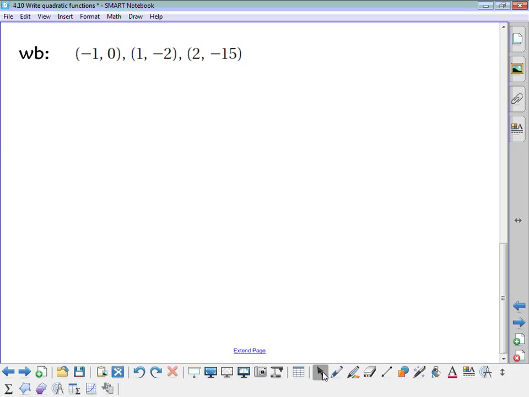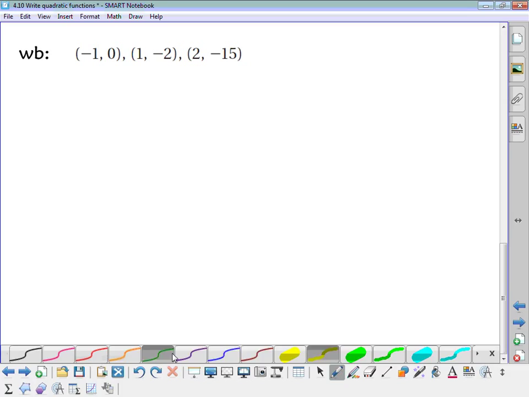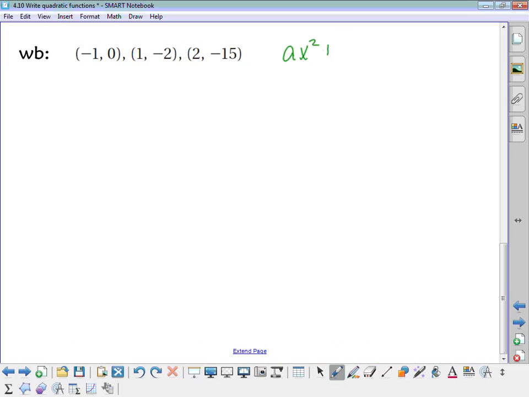So plug each of those into ax squared plus bx plus c equals y, and get your system of 3 equations.